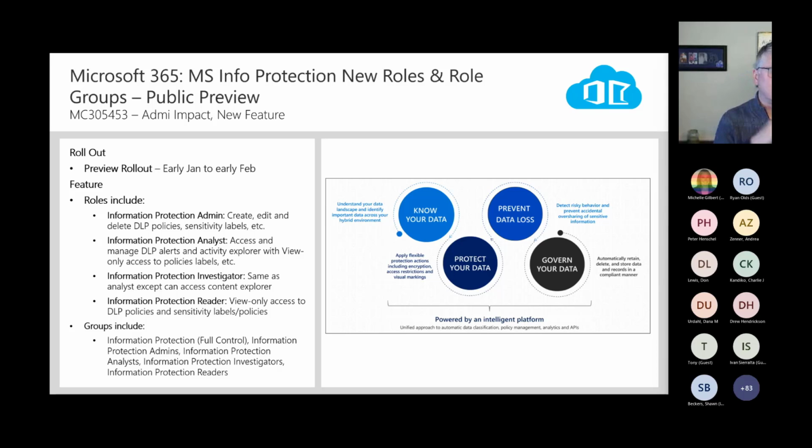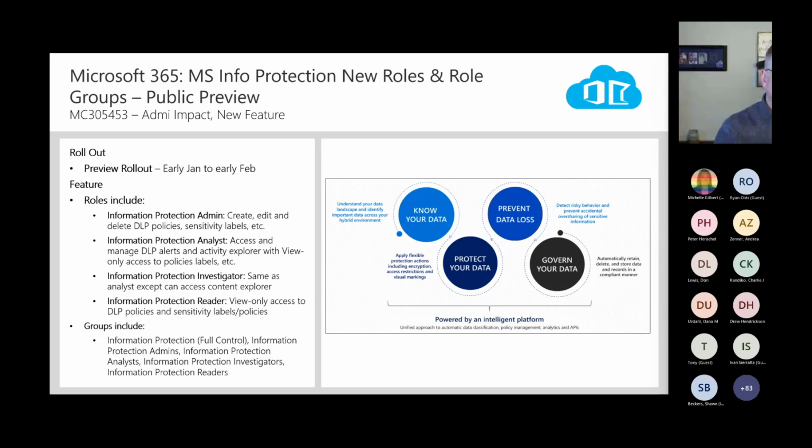So right now, public preview for this particular one, MS Information Protection, new roles and new groups. This is happening from early January to early February, and especially around the information protection side of things, these are very needed. Being able to segment who can do what, from an admin to an analyst to an investigator to a reader, is very important on the compliance side, right?